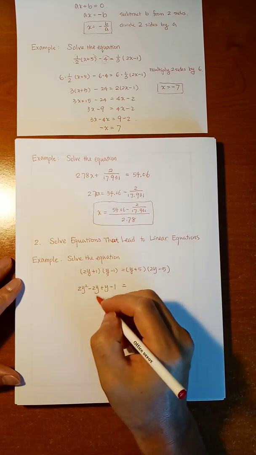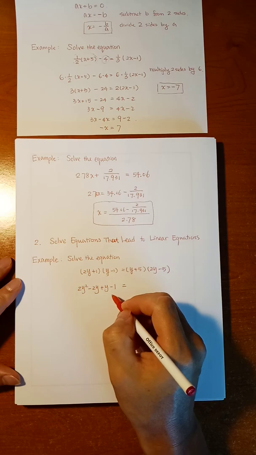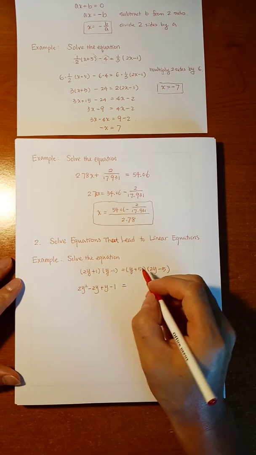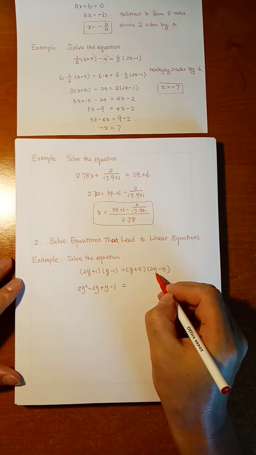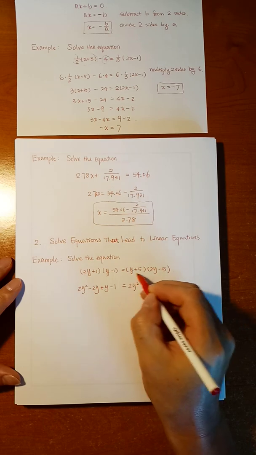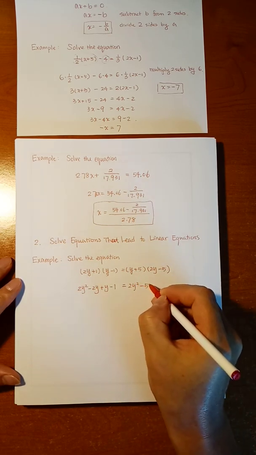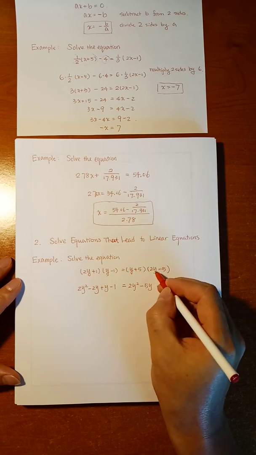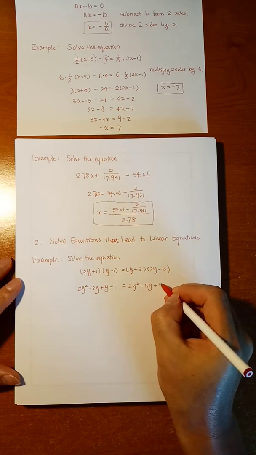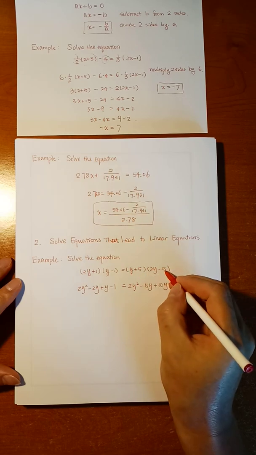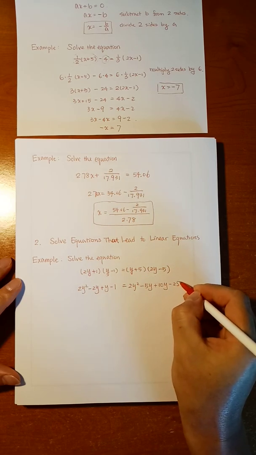Okay, so this is the left side. The product will give you 4 terms before the simplification. And for the right side, y times 2y is 2y squared. y times negative 5 is minus 5y. 5 times 2y is plus 10y. 5 times negative 5 is minus 25.